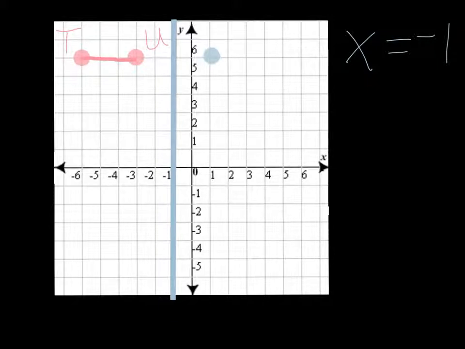And that becomes U prime. Then I'm going to do the same thing for T. 1, 2, 3, 4, 5. 1, 2, 3, 4, 5. And that becomes T prime.